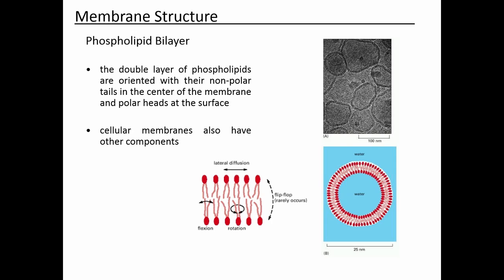And one of the things that some cells, I don't know if I can say all cells, but there are certainly cells that are capable of actually changing the phospholipid composition of their membrane, that's where we're going to talk about next. One of the things they can change about the phospholipid molecules is the number of double bonds.